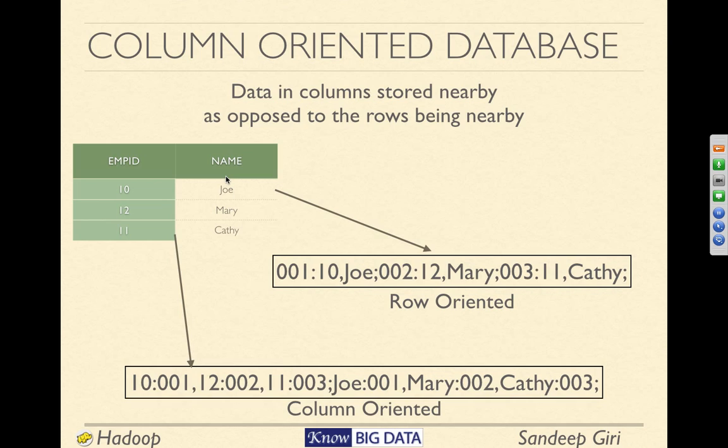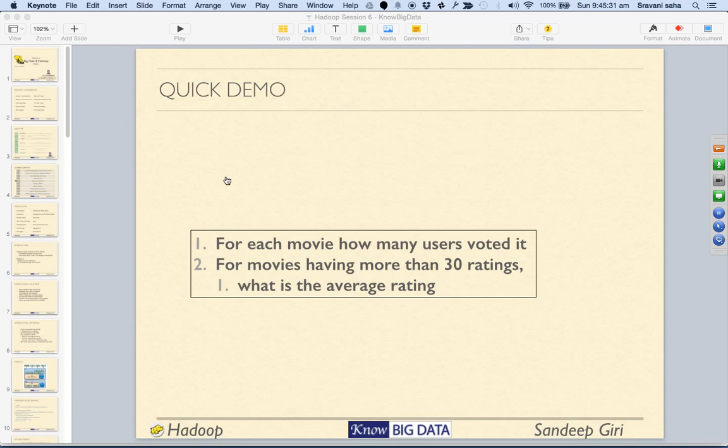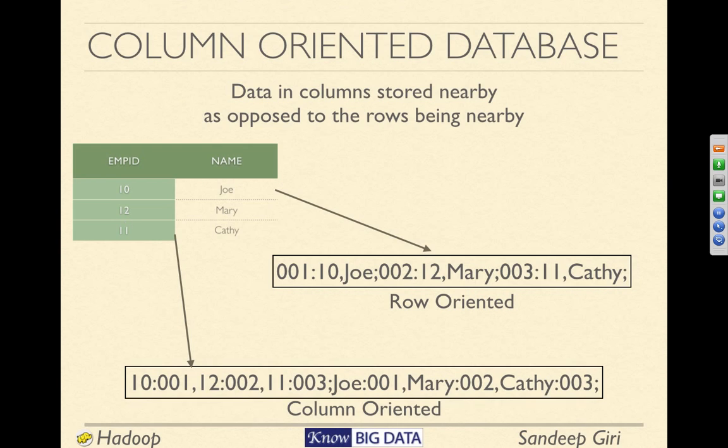Now you might ask: from the user's perspective, both tables look the same, whether row-oriented or column-oriented. Both are the same from the user's perspective, but under the hood, the way the data is stored on the file system is different between column-oriented and row-oriented. In column-oriented databases, you first store 10, 12, 11, then Joe, Mary, Kathy.